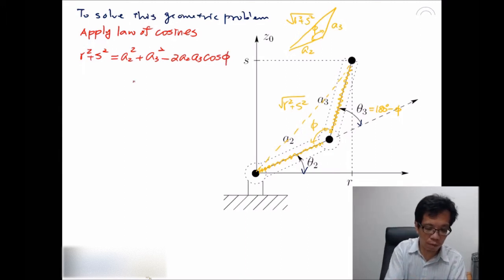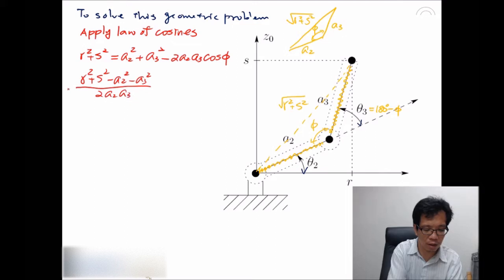So if you move cosine phi to the other side and do a little bit of calculation, what we're going to have is R squared plus S squared minus A2 squared minus A3 squared divided by 2A2 A3 equals cosine phi.